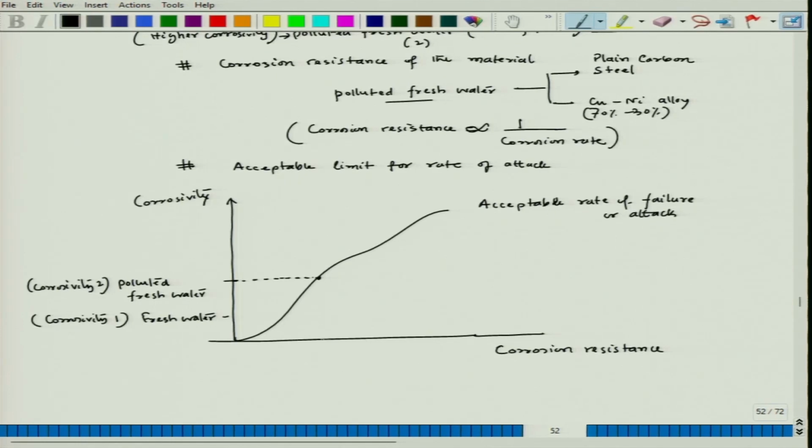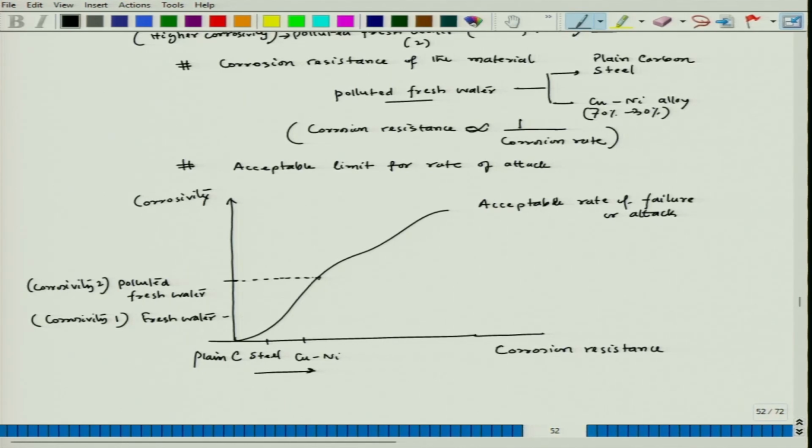So, this copper nickel alloy can have a position here, and let us say this plain carbon steel can be put up here. So, that means I could see that the corrosion resistance of copper nickel is more than the plain carbon steel.